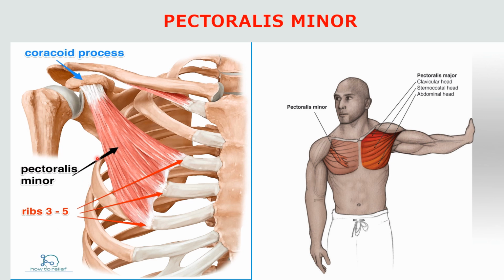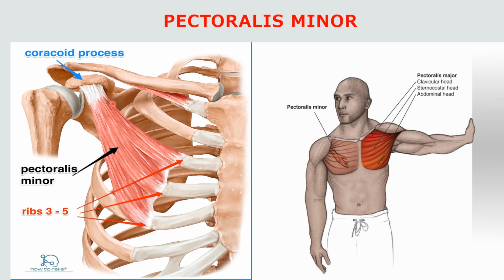What is the action of this pectoralis minor? This muscle is assisted by serratus anterior and is helpful for protraction of the scapula. It depresses the shoulder along with the levator scapulae and the rhomboids.